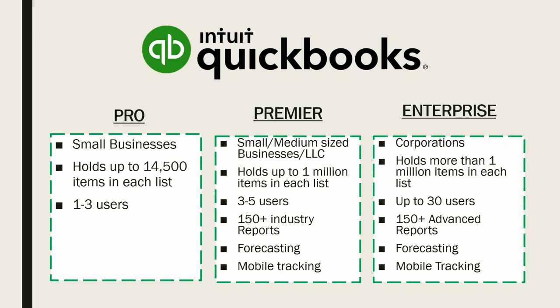So small LLCs or small partnerships could most likely use Premier. And then, of course, if you are looking into becoming a corporation, Enterprise is where you want to go, right?